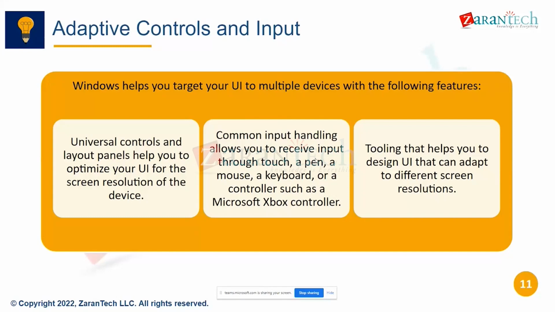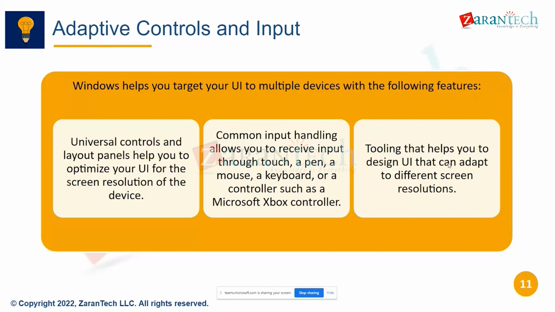Microsoft understands that most future applications will be augmented reality based or touch based, so they optimized UWP mostly for touch style.